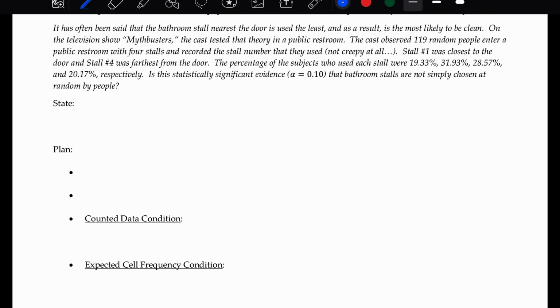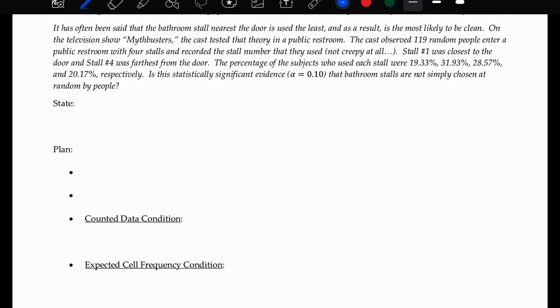The cast observed 119 random people enter a public restroom with 4 stalls and recorded the stall that they used, which isn't creepy at all. Stall number 1 was closest to the door, and stall number 4 was the furthest from the door. The percentage of subjects who used each stall were, as you can see there, respectively, from the door on.